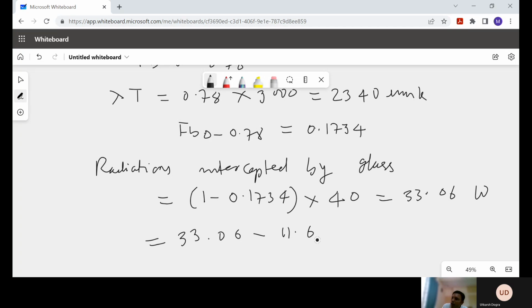See, 11.6 is absorbed, so whatever is remaining is transmitted, correct? Total invisible radiation transmitted.